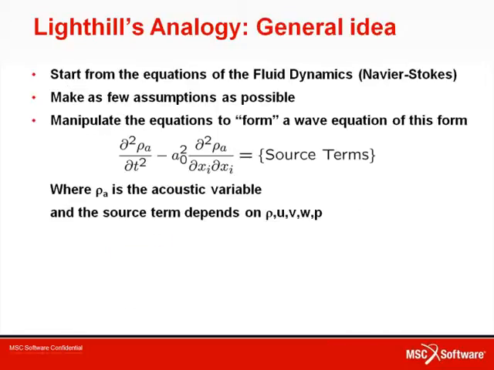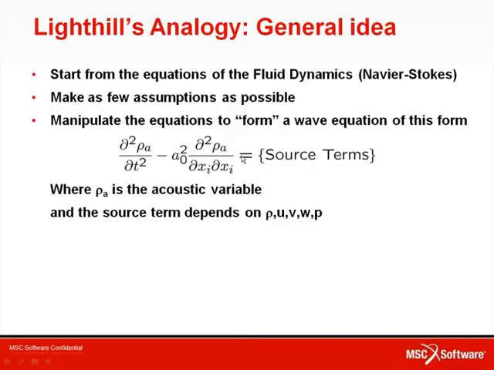So the idea followed by Lighthill in his derivation of the acoustic analogy is to start from the equations of fluid dynamics, the Navier-Stokes equations, and to manipulate these equations, or more precisely to reorder the terms in the equations with the smallest possible number of assumptions, in order to derive something that is similar to a wave equation on the left-hand side.